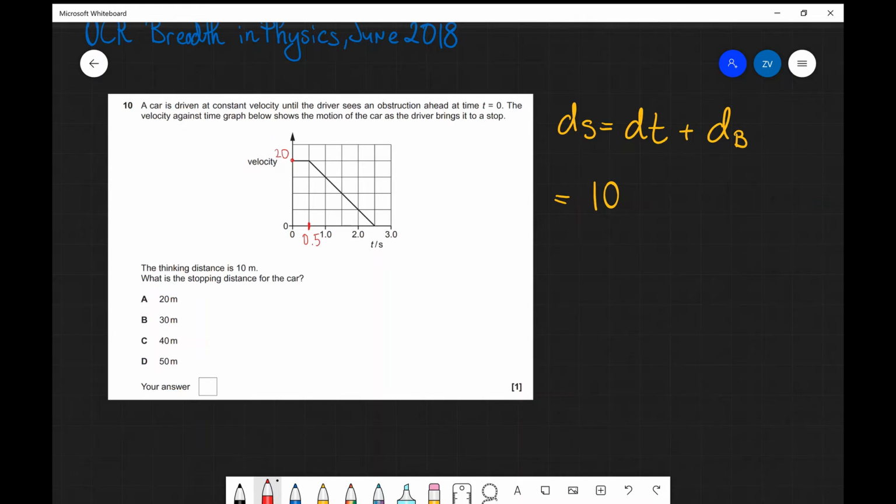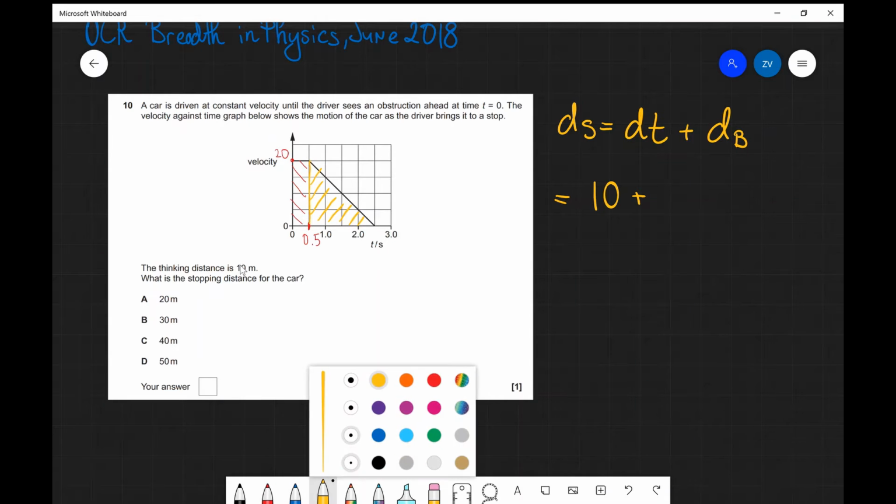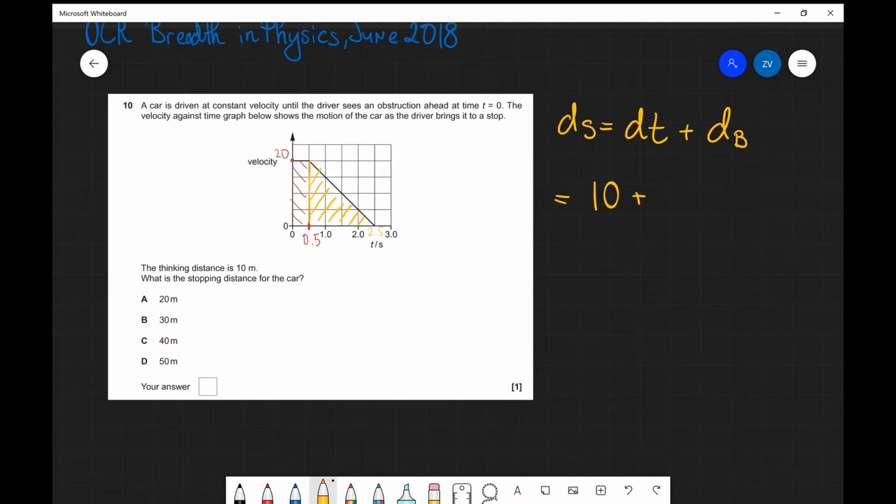So that will give us this red area to be 10 meters, because 20 times 0.5 is going to give us 10. Okay, well, let's add on to that the braking distance, which is going to be this area over here, this yellow area, and that seems to finish at 2.5, like so.